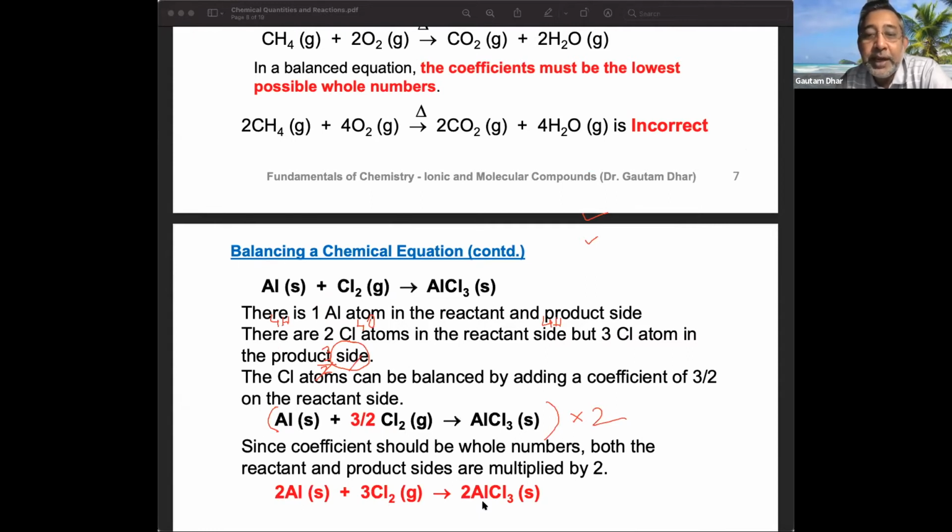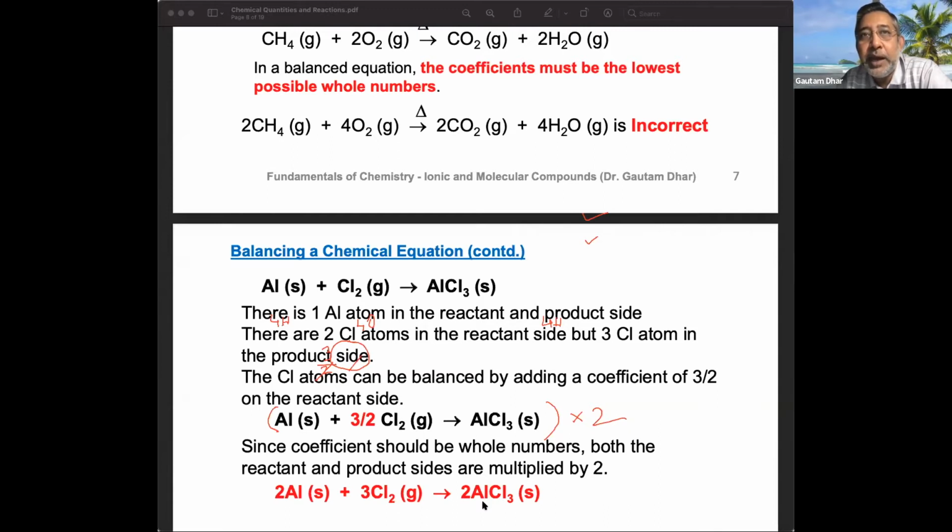So these are simple techniques. Again, common sense techniques, more like puzzle solving. If you want to solve this puzzle, you have to start from the element that occurs in only one compound on the reactant side and one compound on the product side.